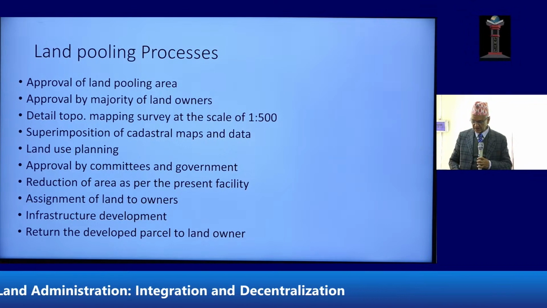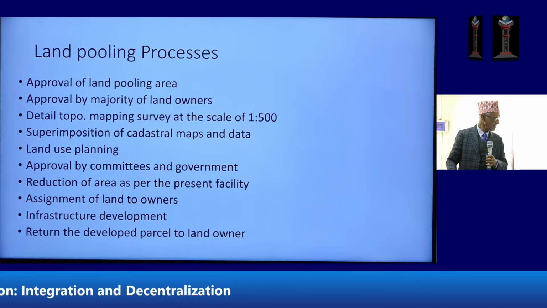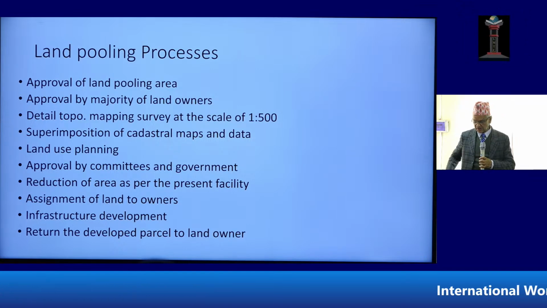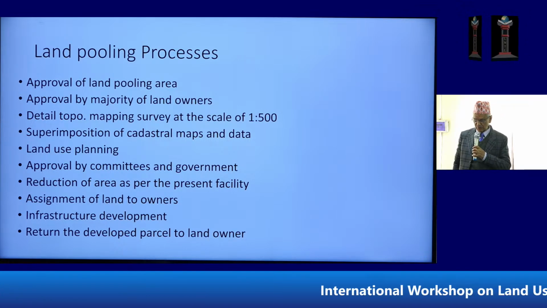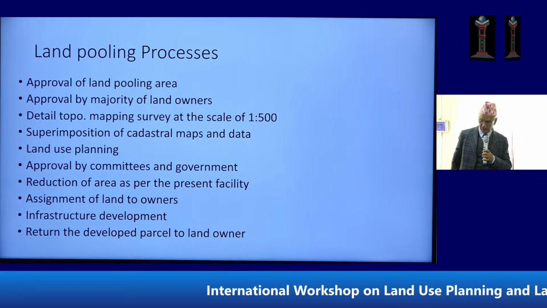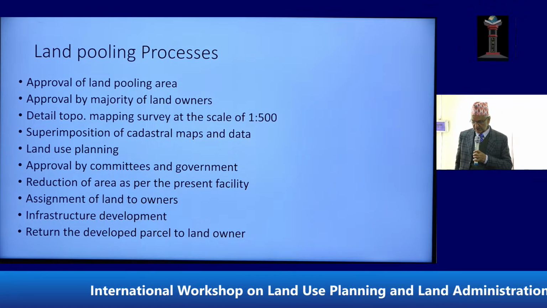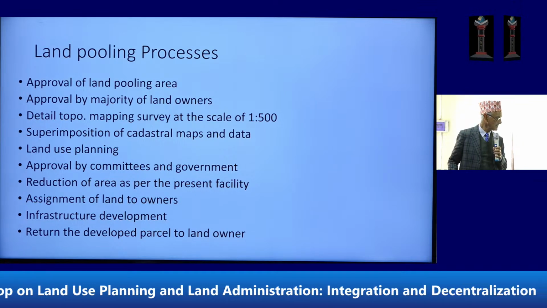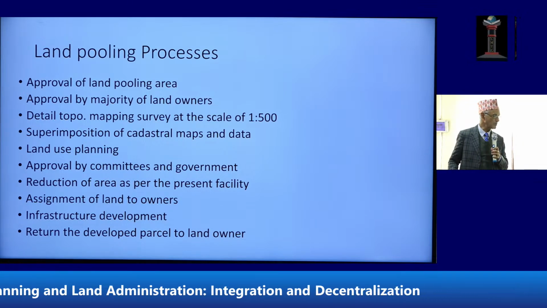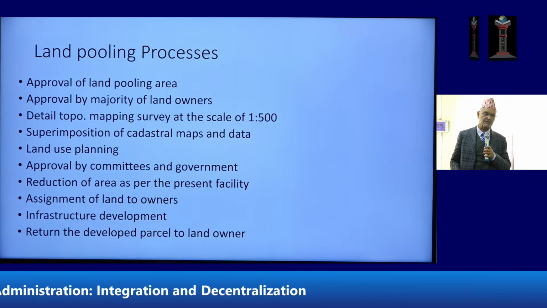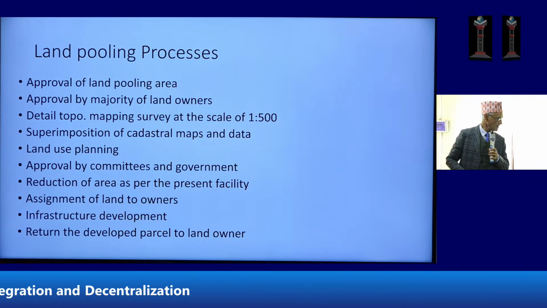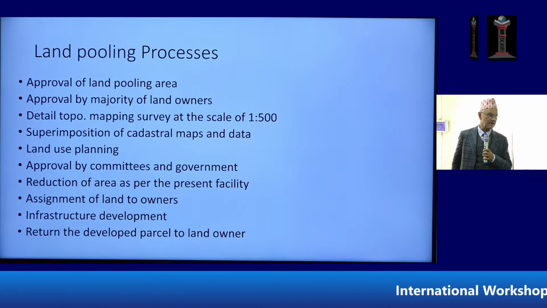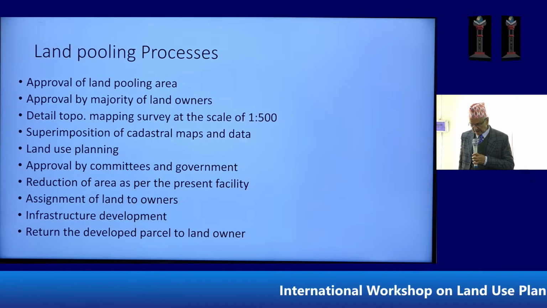Another work is the land pooling process. The land pooling area is approved by the government, and approved by the majority of the landowners. If they don't agree, more than 50%. Before it was 75%. I don't know now, but if more than 51% agreed, then we can carry out the work.